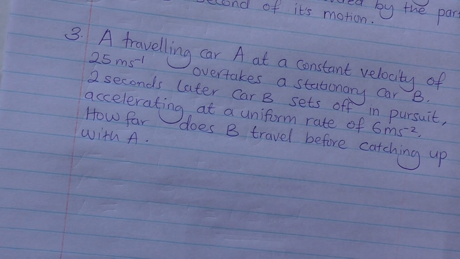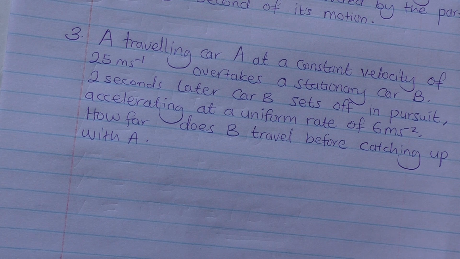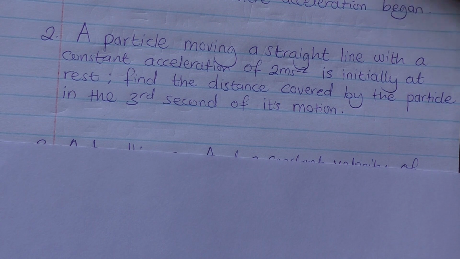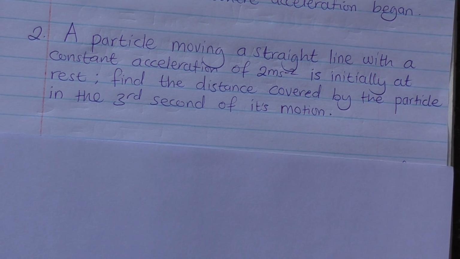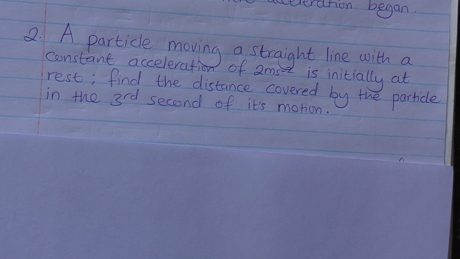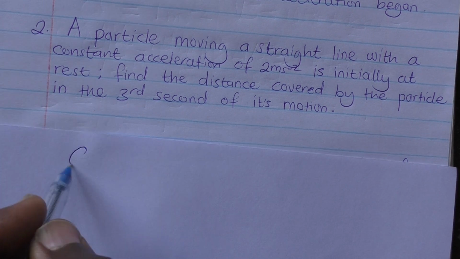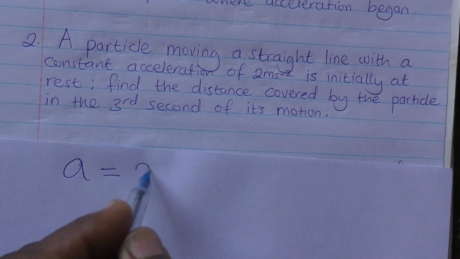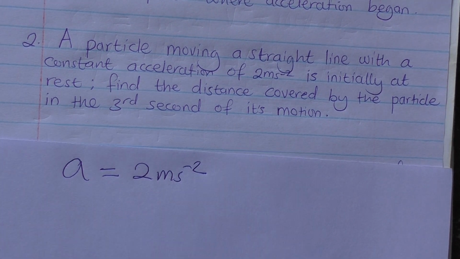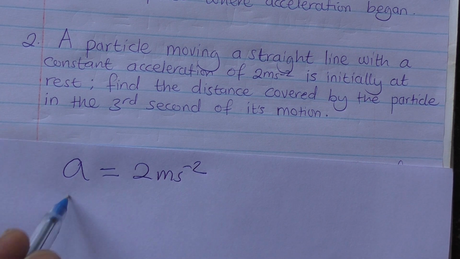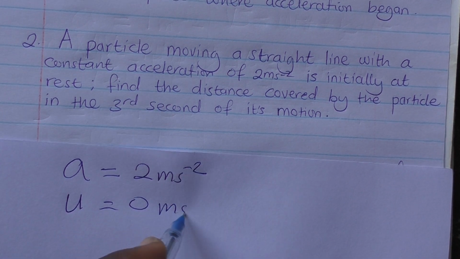Then our second question. We have a particle moving in a straight line with a constant acceleration of 2 meters per second squared, initially at rest, meaning u is 0 meters per second.